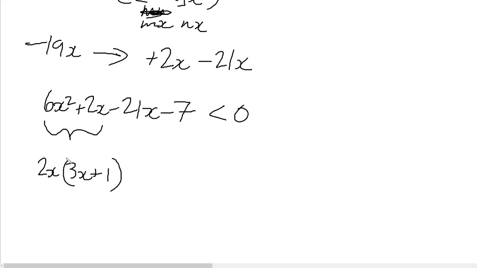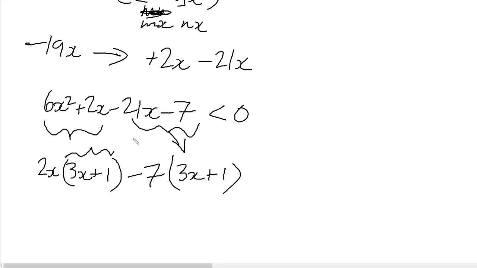And now, once you have this linear term, you know that this linear term is actually one of the terms in the quadratic expression when you're factoring it out. So you look for this term in the minus 21x minus 7, and coincidentally, it's there also. Because if you factor out a minus 7 from this term here, then you get minus 7 times 3x plus 1 is your minus 21x minus 7.